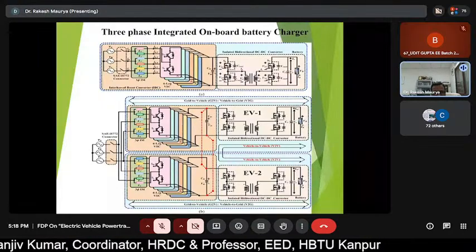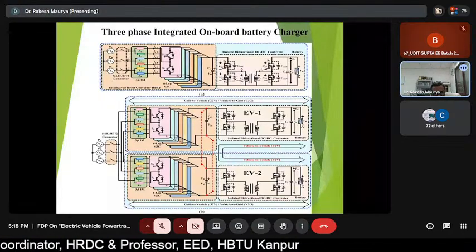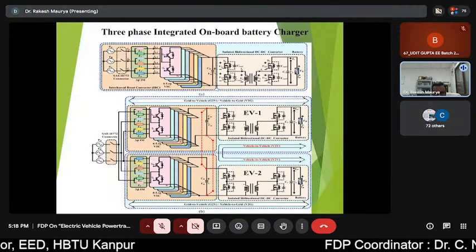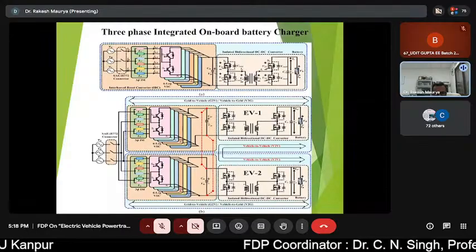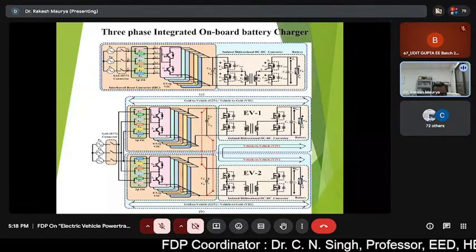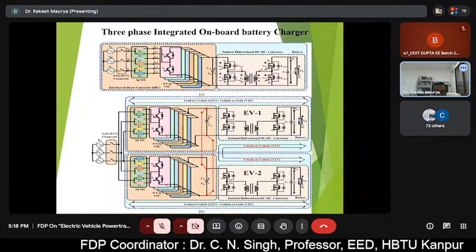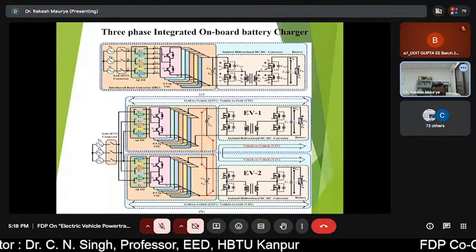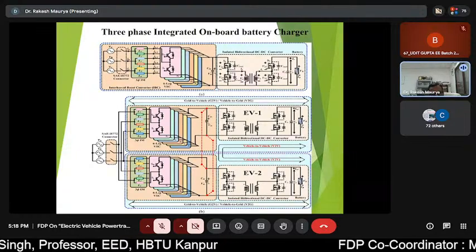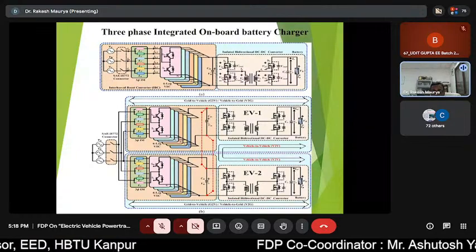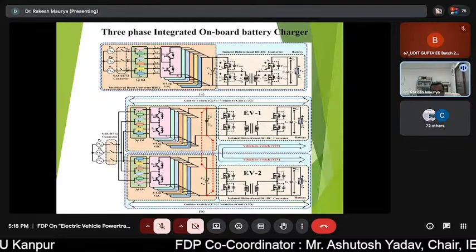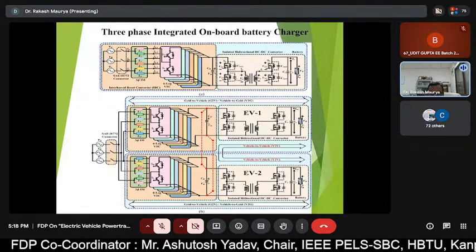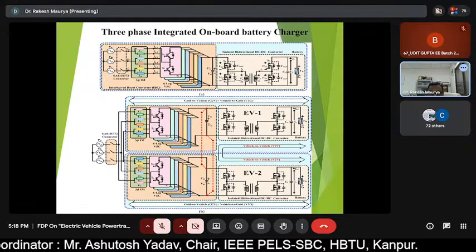I have seen plenty of e-rickshaws, but are they featured with vehicle to grid? Are they featured with vehicle to vehicle? Probably the answer is no, because this feature is not available. So can we add this feature to our vehicles so that their operation is optimum?